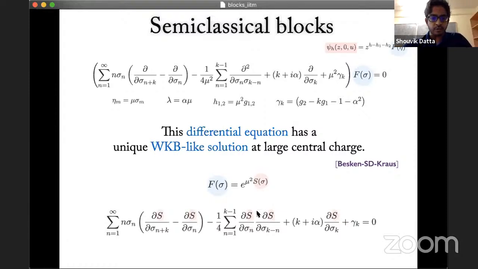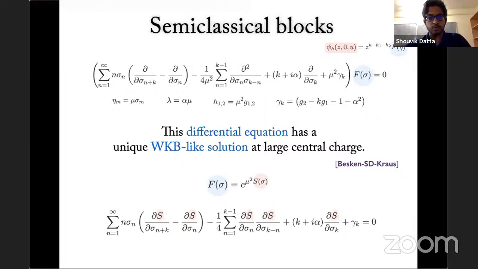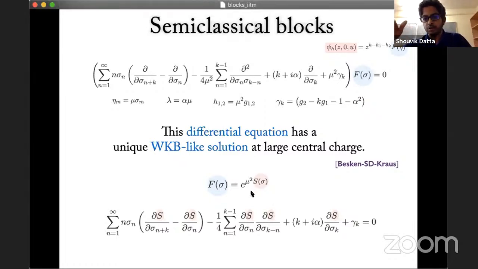Okay, and this S over here has an expansion in terms of the cross ratio, which corresponds to a descendant level expansion, and each term in this expansion can be shown to be unique. So there is a unique solution.